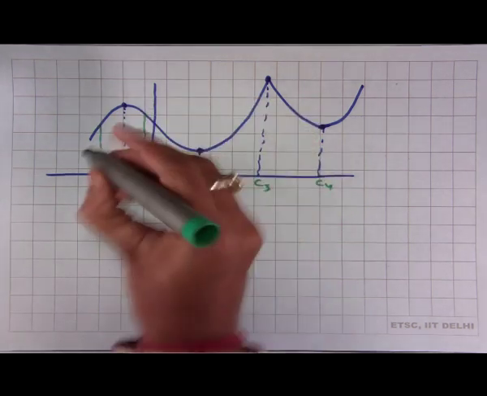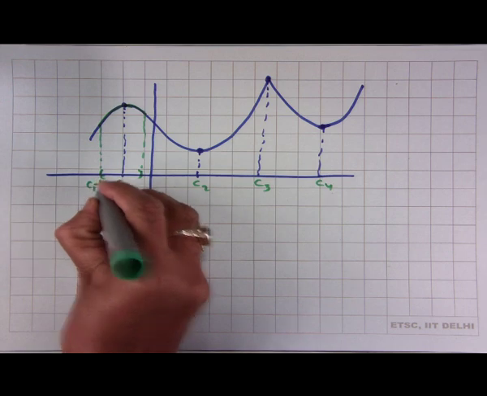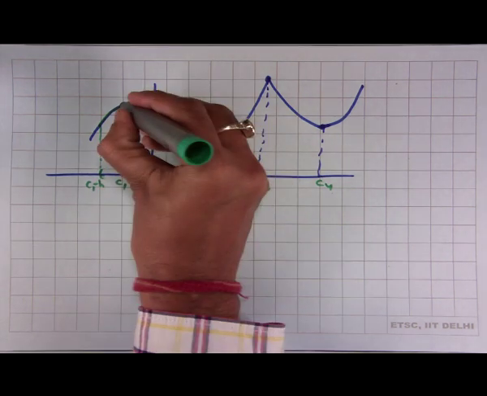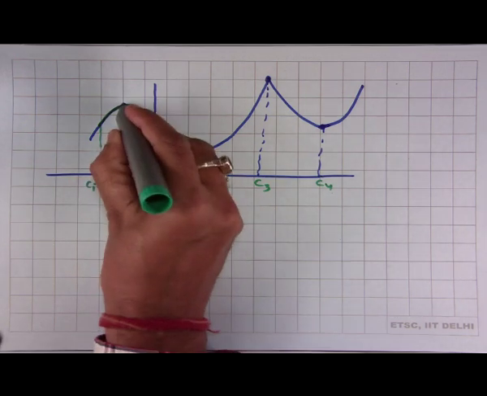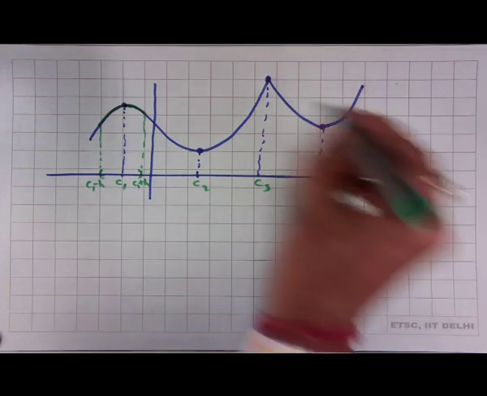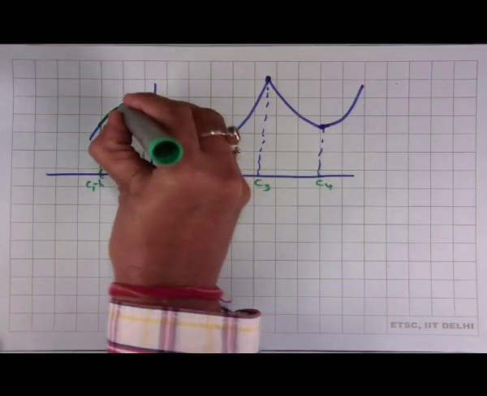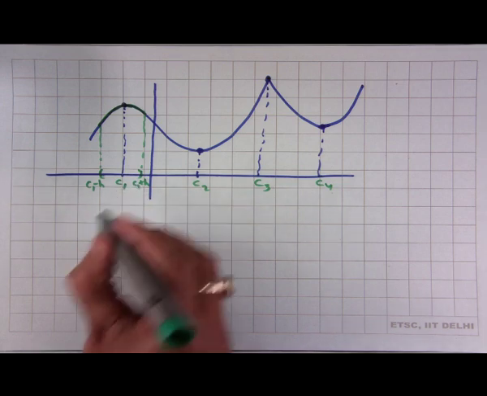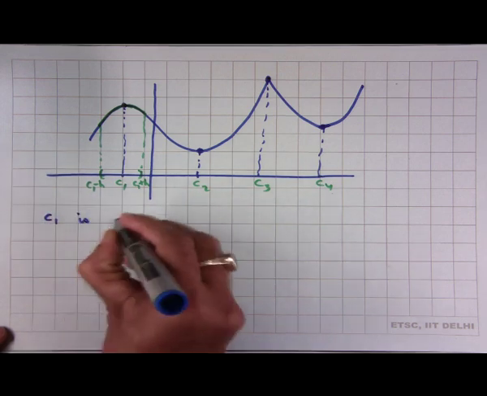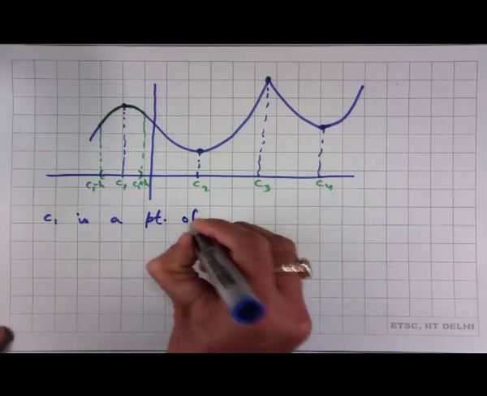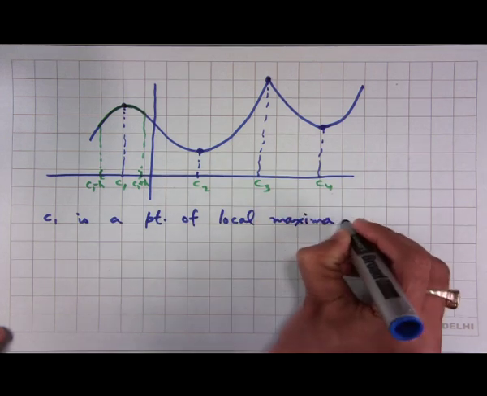If I restrict this function to the interval from C1 minus h to C1 plus h, then f of C1 is the maximum value in this interval, even though this is not the maximum value of the function for all x. For example, at this point C3, the value of the function is bigger. So, C1 is a point of local maxima.